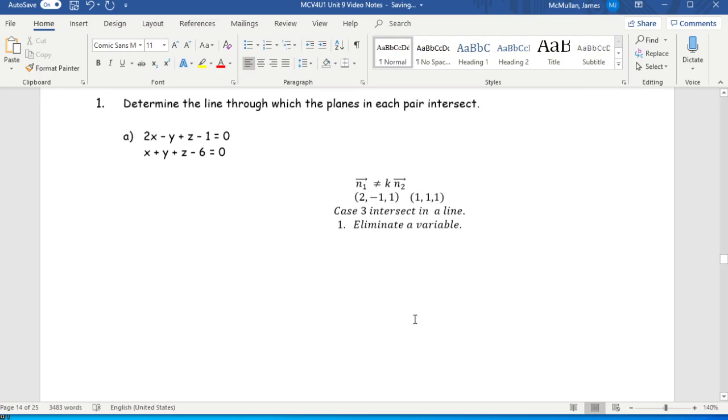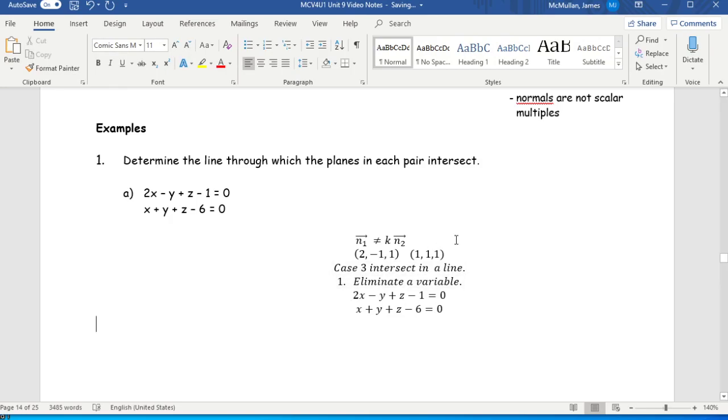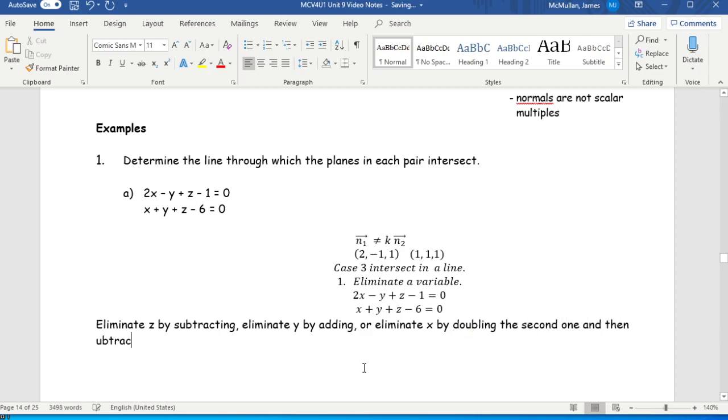So what I'm going to do is write the two equations on top of one another. 2x minus y plus z minus 1 equals 0. X plus y plus z minus 6 equals 0. Now you can see I could eliminate z by subtracting, eliminate y by adding, or eliminate x by doubling the second one and then subtracting.